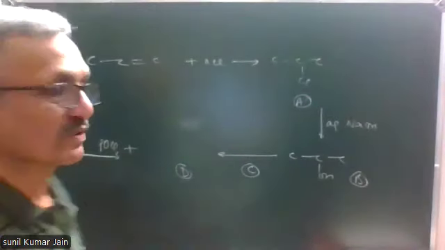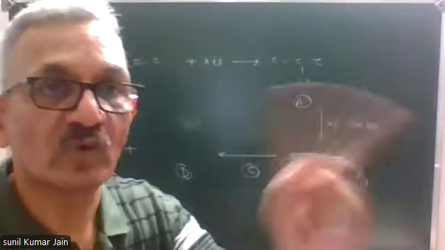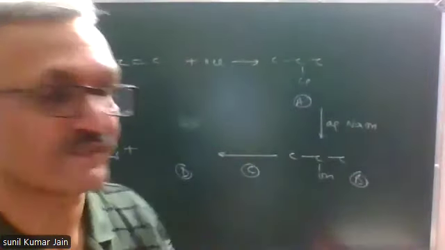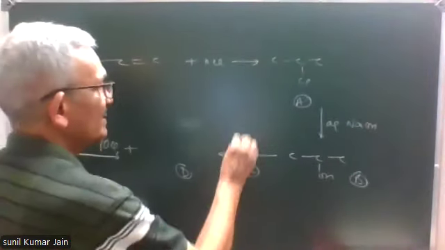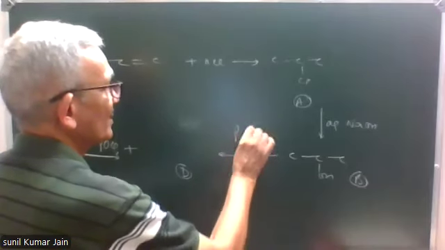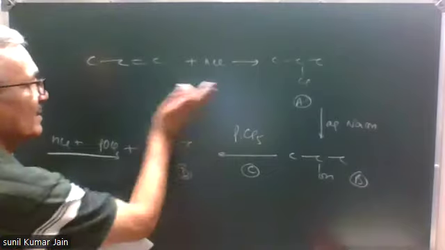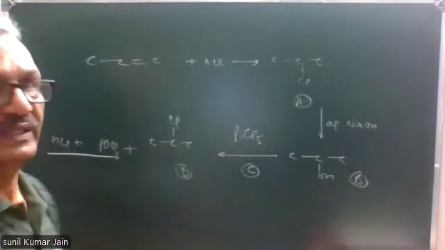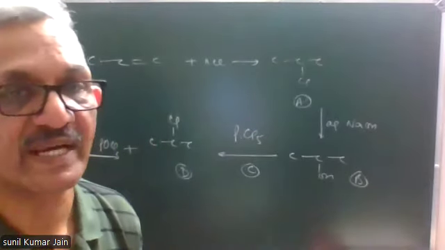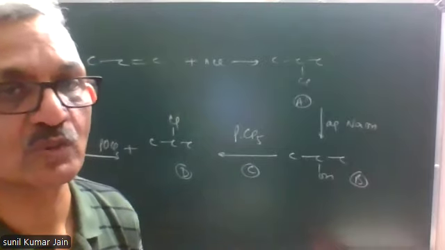These two byproducts are found when an alcohol is reacted with PCl5. This is the alcohol, this is PCl5, and answer D is chlorine at the same position as OH. The answer is 2-chloropropane.